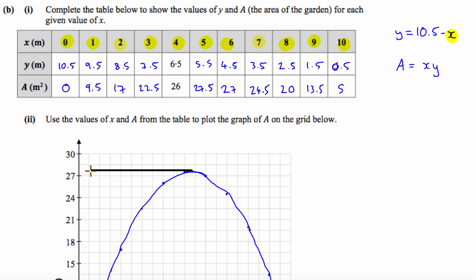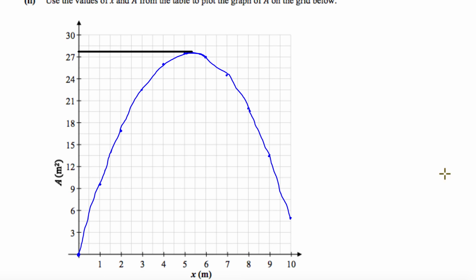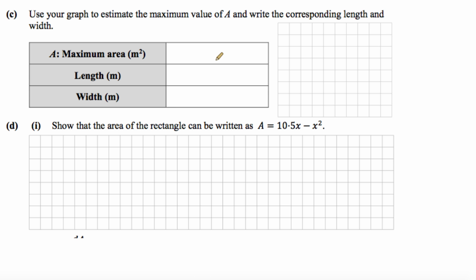So from there, if I go across to there, that'll give me the maximum value, and I'd say that's about 27.5. 27.5 for A, and the height, we drop straight down, which is about 5.4. 27.5 and 5.4 for x. So about 27.5.